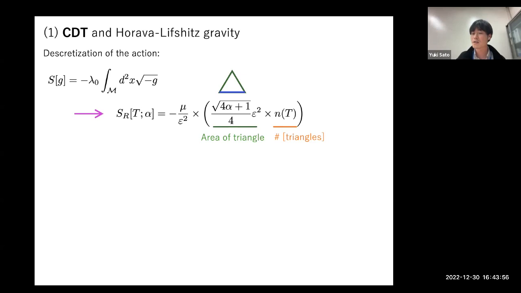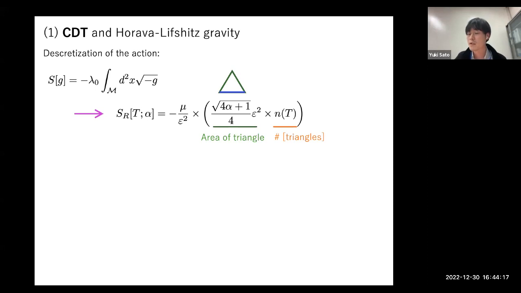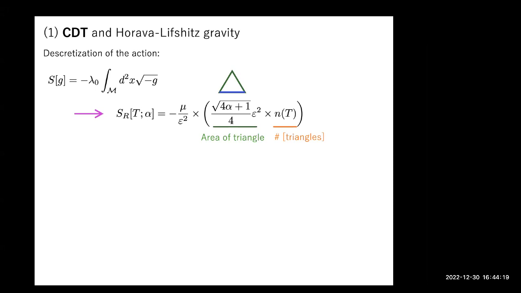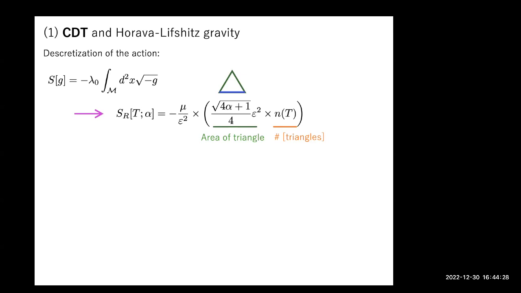So the action is covariant, but the integral measure is not. So is it a property of your specific triangulation, or is it a general feature of this discretization? This is particular to the CDT. I see. If you take a different one, say Euclidean dynamical triangulation, you will get fully covariant quantum gravity. I see. Thank you.